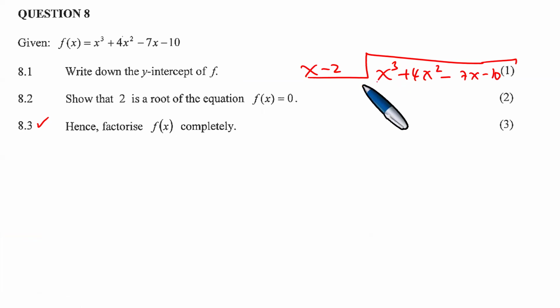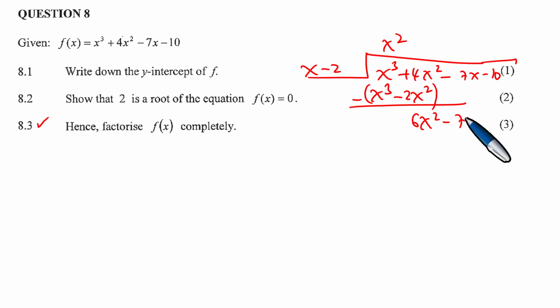If you now divide x cubed by x, you get x squared. x squared times x minus 2 gives us x cubed minus 2x squared. You introduce a minus outside parentheses. x cubed minus x cubed gives us 0, and you distribute, giving plus 2x squared plus 4x squared, giving us 6x squared minus 7x.